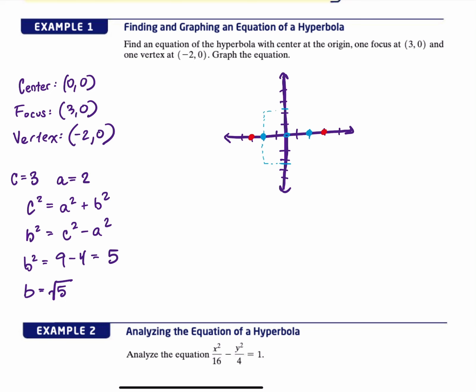So I can draw this imaginary box. That means our asymptotes will crisscross through this box. So we should get some kind of curve roughly like this. So we'll curve out and approach the asymptotes.